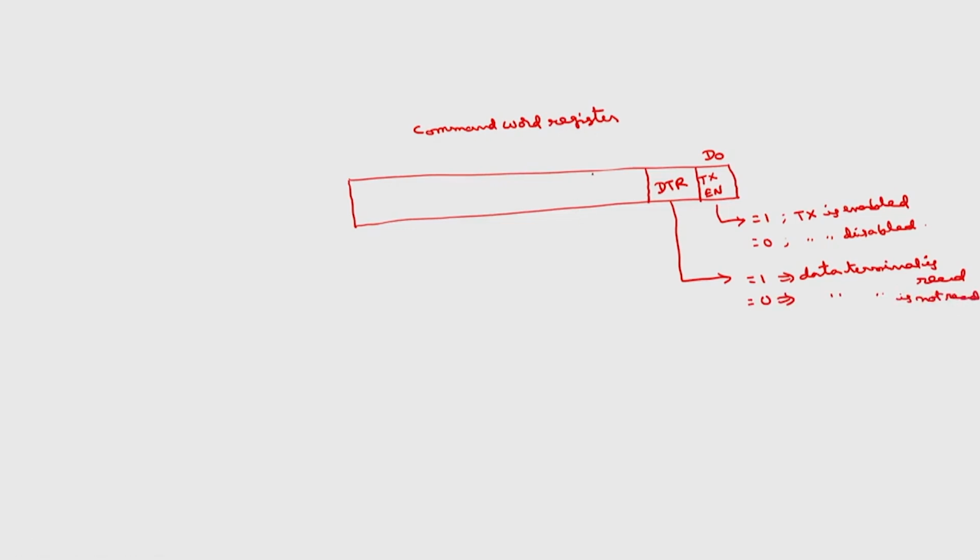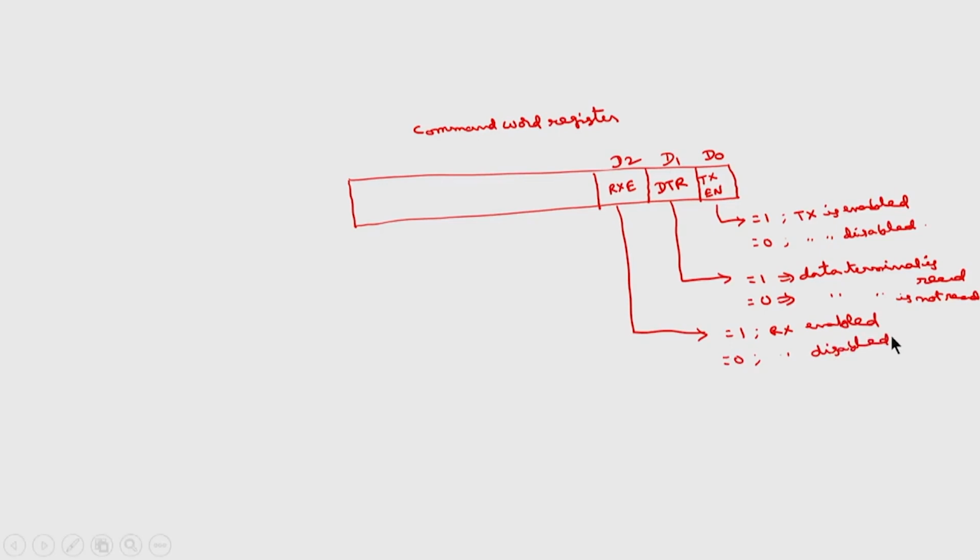Then we have receiver enable. This is transmitter enable, this is receiver enable. This equal to 1 means the receiver is enabled, 0 means the receiver is disabled.